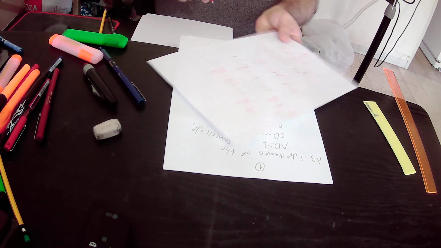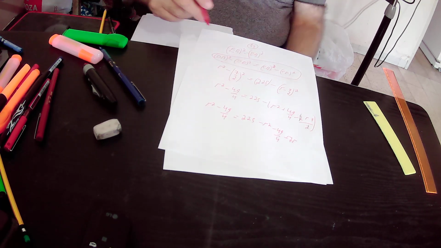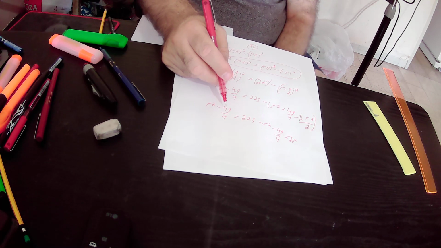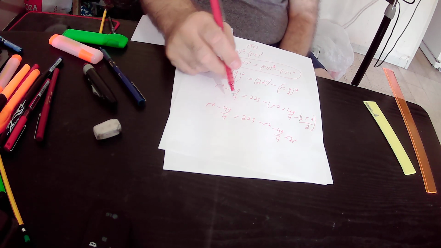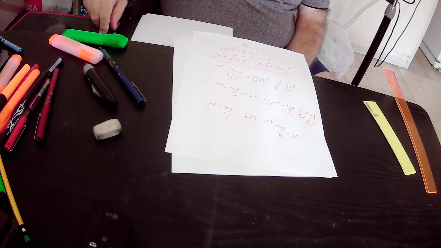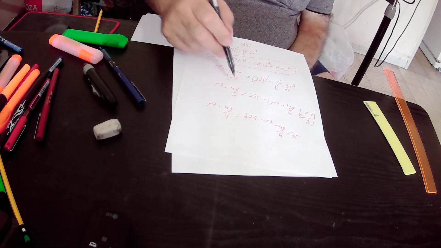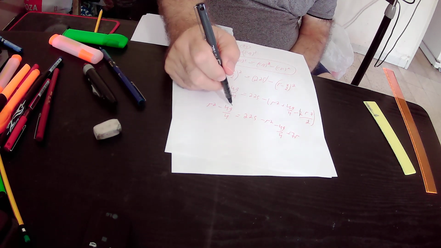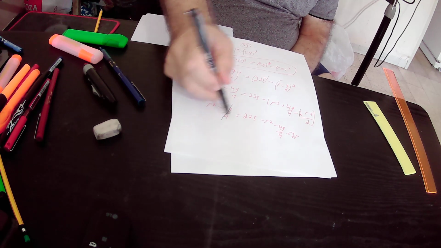So here we have minus 49 over 4 in this side of the equation, and we have minus 49 over 4 in the other side of the equality, so we can cancel minus 49 over 4.